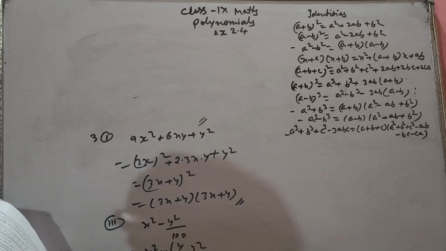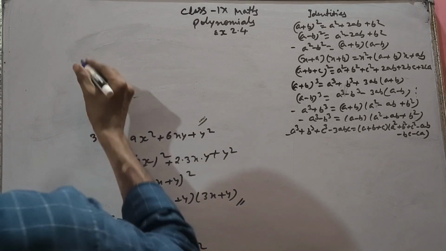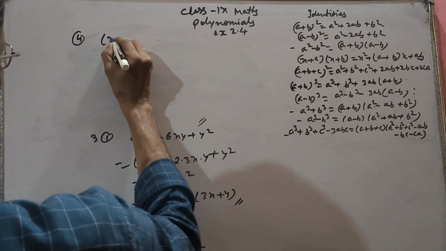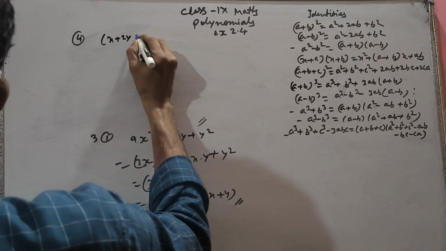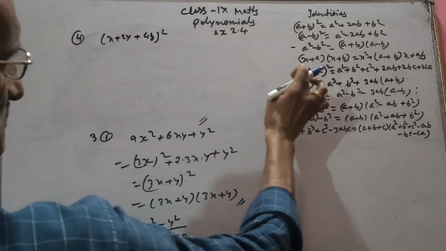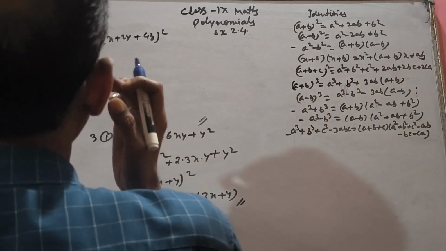You can see it. Question number 4 is: expand using identity. Number 1 is (x plus twice y plus 4z) whole squared. It is in the form of (a plus b plus c) whole squared. Here is the formula.